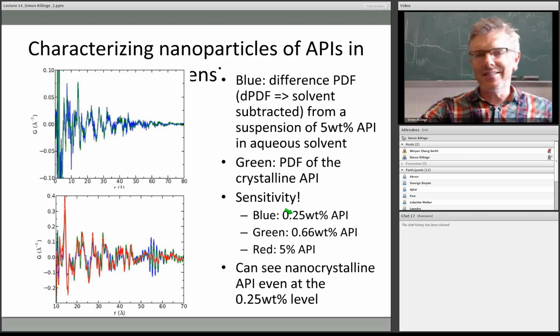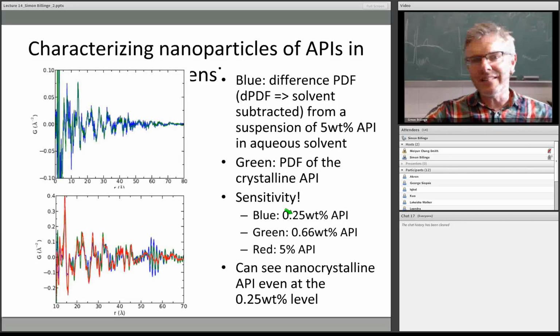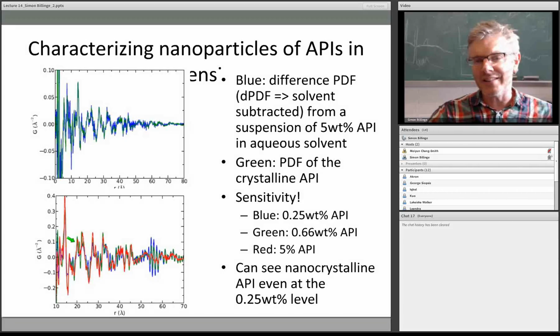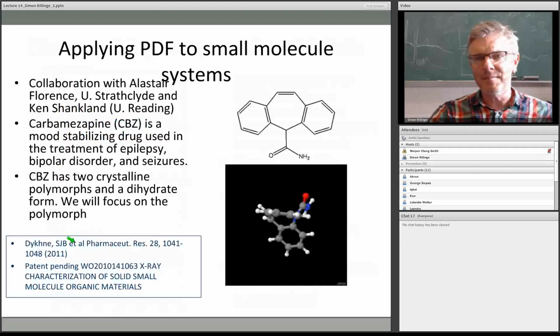So these are extremely small concentrations of a low Z material, an organic nanoparticle floating around in an aqueous solvent. And you can see that the agreement between these curves is absolutely remarkable. So we're confident now that we can actually study small molecular clusters floating around in solvents and in suspension at rather low concentrations.